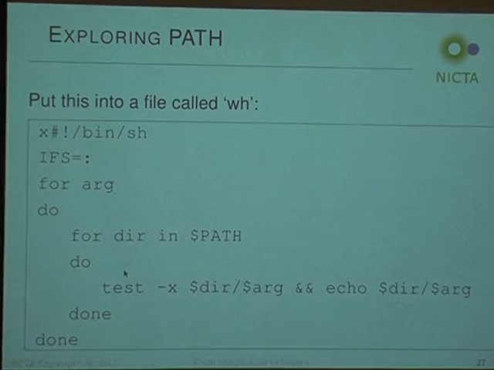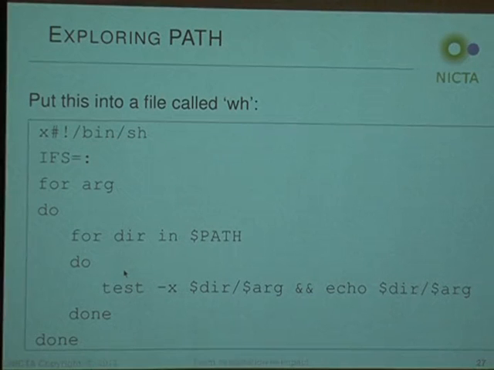So we set IFS, which is the internal field separator, to colon. So when this gets expanded by the shell, path becomes a word for each element of the path variable. And so this for dir in $path will iterate over all of those. And then we'll test, is there an executable called arg in that directory, and if there is, echo it out.